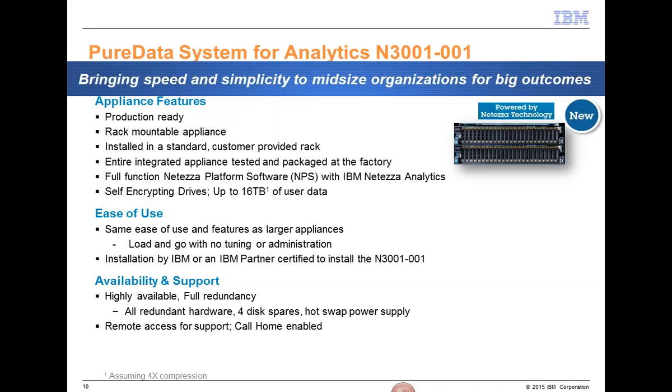In this case, what I'm showing here is the smallest version of the PDA appliance, and we term it the Mini, and the code name for it is Mako. So it's a Mini Mako, and it's a 2U rackable unit that supports 16 terabytes worth of user data. And when I say user data, I mean you don't have to have any aggregate tables, and there are no indexes that need to be built.